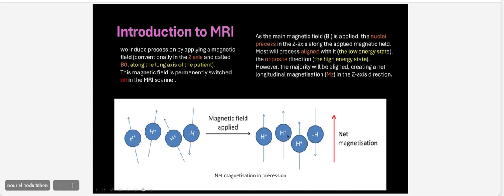That's why we prefer the higher magnetic field. We started initially, I think in 1977, with 0.05 Tesla, something like this, and now we have 7, 9, 11, maybe 15 Tesla. The previous hospital that I was at, we had 7 Tesla.